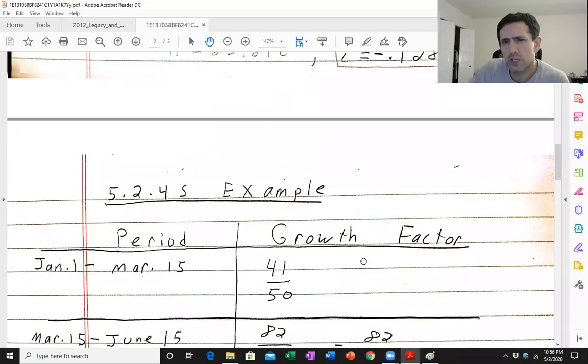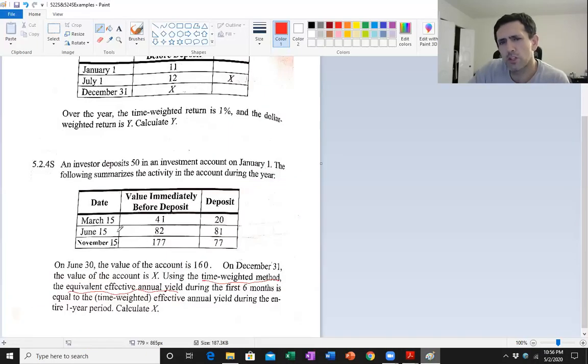Right, so from January 1st to March 15th, and I also want to mention these dates here. These dates are a little bit different than the book's problem, but the dates are completely irrelevant. I mean, it is relevant knowing that we're going to start January 1st and June 1st to compute the first 6 months.